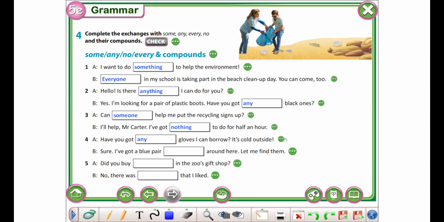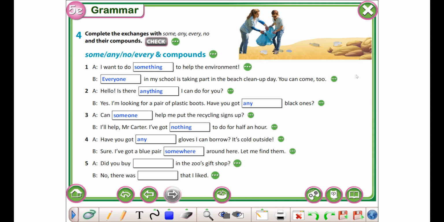I've got a blue pair somewhere around here. Точно така. Let me find them. Добре. That's correct. And the next one? No, Alex. Let Alex continue.